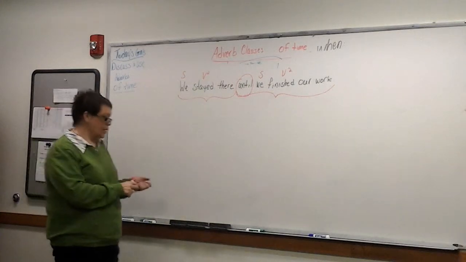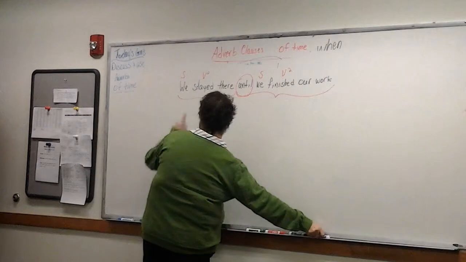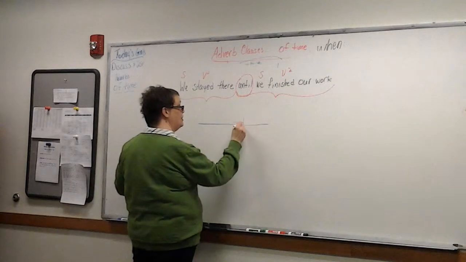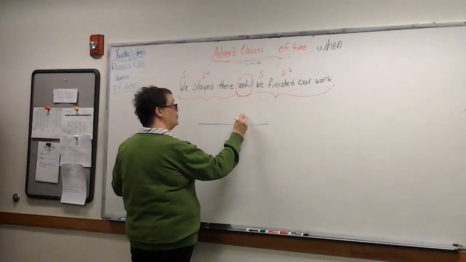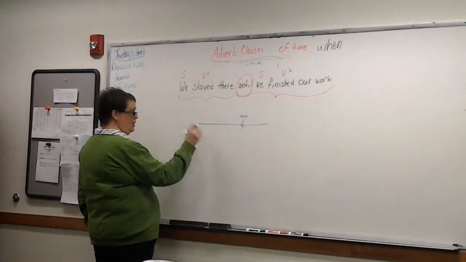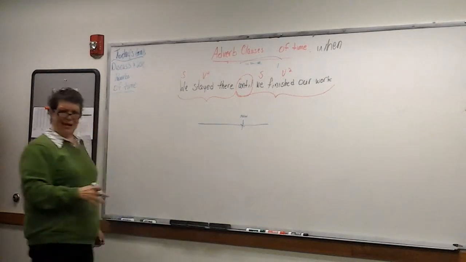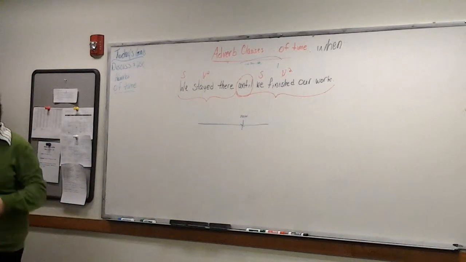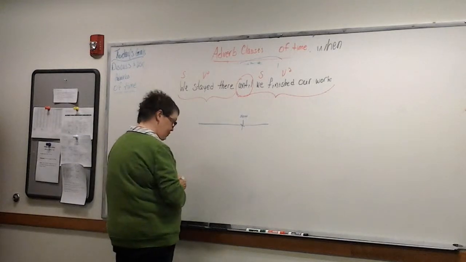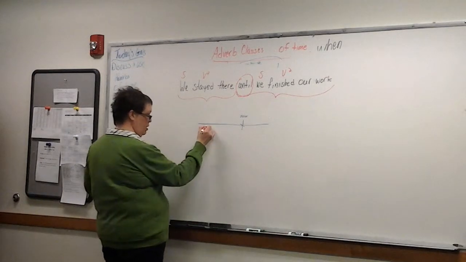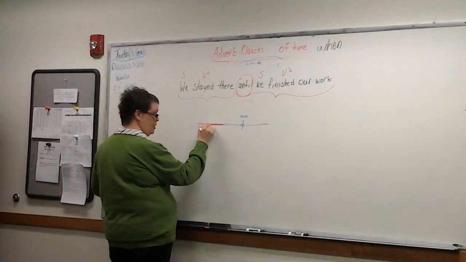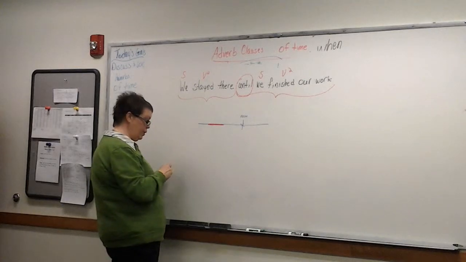Now let's look at the timeline, and then we're going to discuss what until means. We know we're in the past, so are we to the left or to the right? Left. We're over here. All right, this has, we stayed there, kind of a progressive idea to it. We were there for a while. I'll do this in a different color. Here we are, we're studying. We stayed there studying until we finished our work.